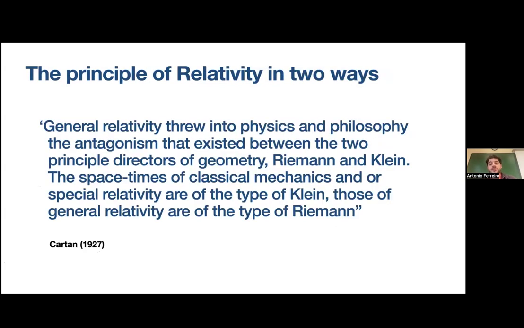Whereas general relativity looks not so much like an invariant theory, but more like a Riemannian theory in terms of geometry. So Cartan was stating that there seems to be this difference between the two theories, which Einstein, I would say, maybe rejected, because he never really thought about GR being a geometric theory, but rather tried in some way to be invariant under general transformations and make this physically significant.